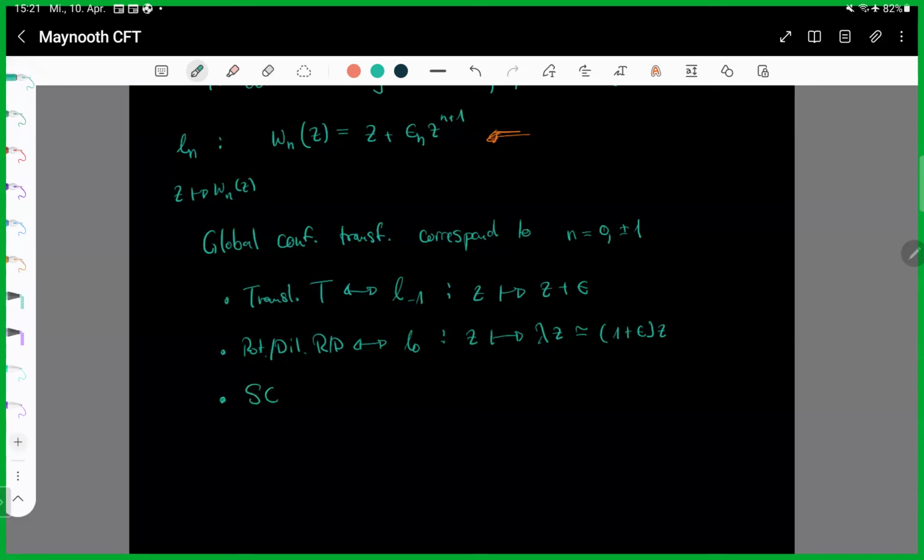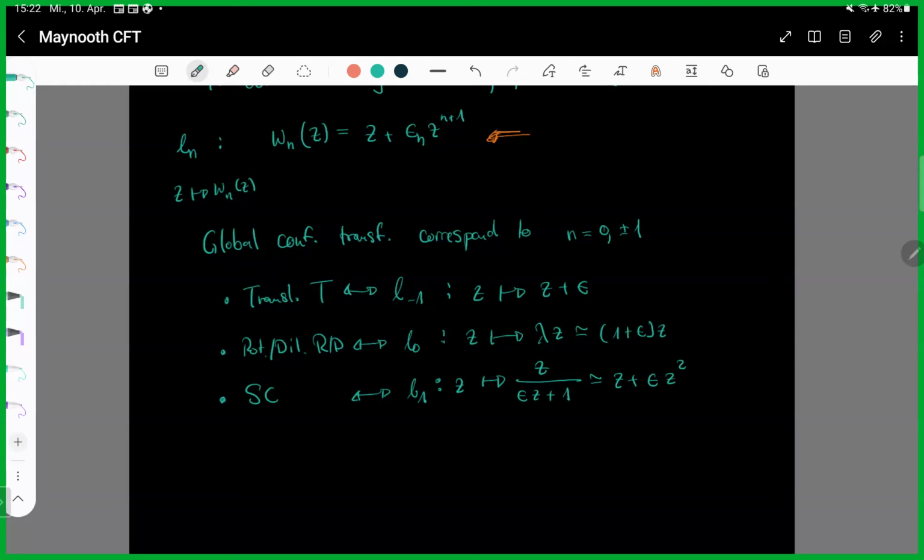And then we had the special conformal transformation, I'm just going to write SC. And this one is L_{+1}. Here we have to think a bit harder, but it's not too complicated. I'm just going to give you the solution. So this was the special conformal transformation, epsilon z^(1+1). You expand for small epsilon and you get something like z plus epsilon z squared.